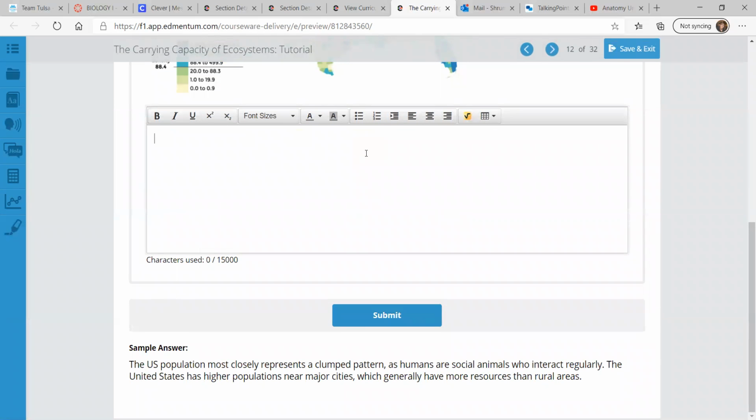Humans are social animals who interact pretty regularly for the most part. The United States has higher populations near major cities, and cities generally have more resources than rural areas, generally.